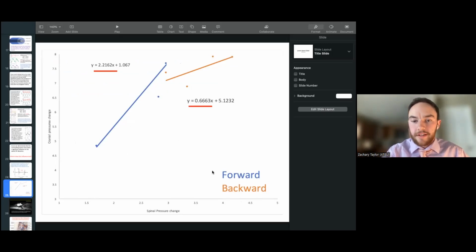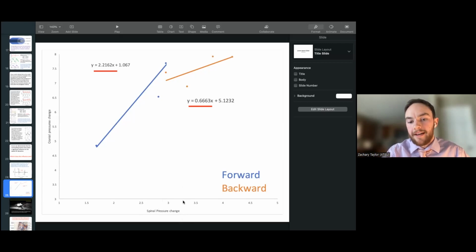But there's something interesting. Whenever we pull backwards, there was only a 0.6% increase. And by increase, I mean this down here is your spinal pressure, and this here is cranial pressure. So it only did 0.6 units of cranial pressure change whenever we pulled the alligator backwards.